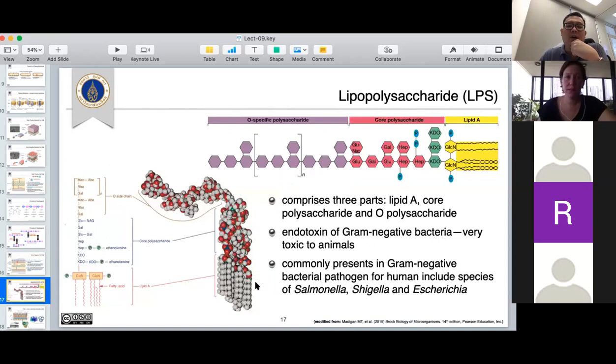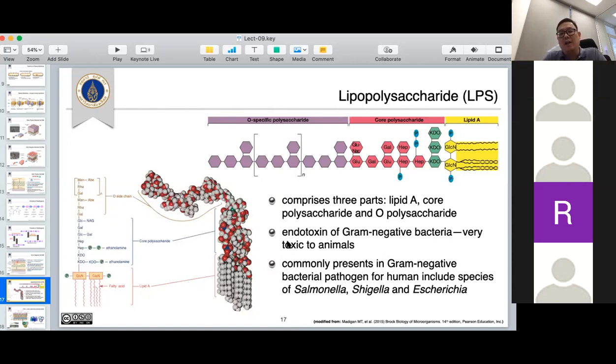This is the molecule of lipopolysaccharide. It contains 3 parts. The first part is lipid A. This part is immersed in the outer membrane. This part is called polysaccharide. Several bacteria show up with almost similar patterns, or maybe slightly different polysaccharide patterns.